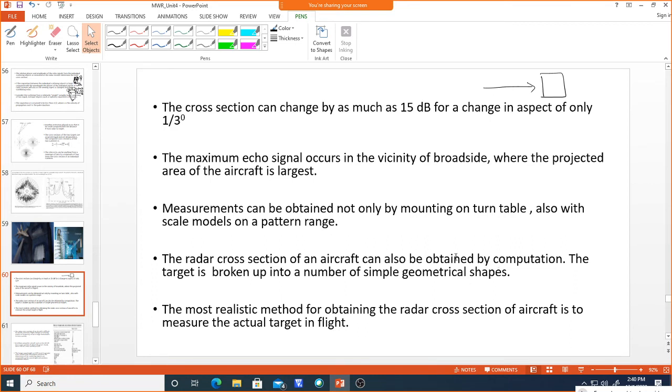Again, the aircraft, as I said, is a big target. We can divide it into a number of simple geometrical shapes, estimate the individual radar cross sections, and estimate the total cross section by integrating all those RCSs.